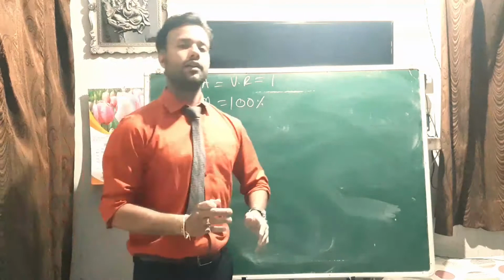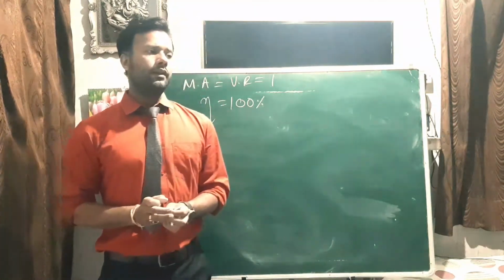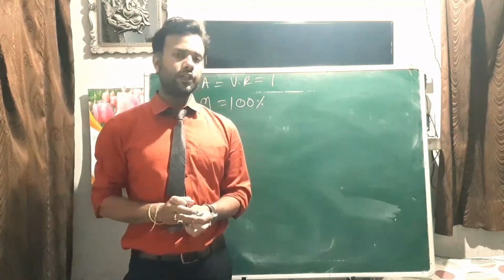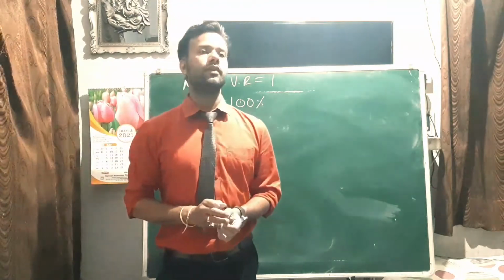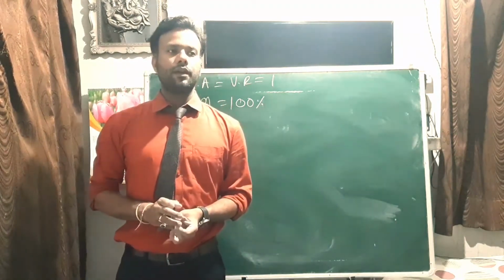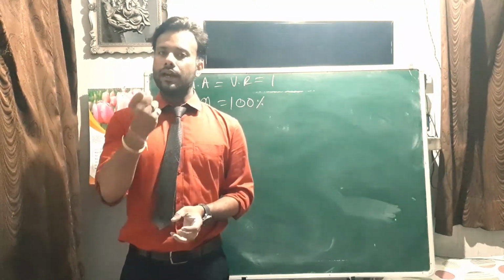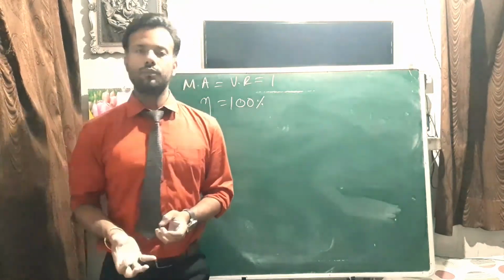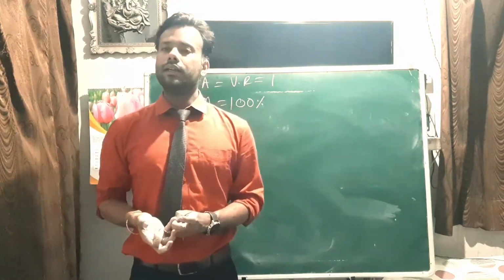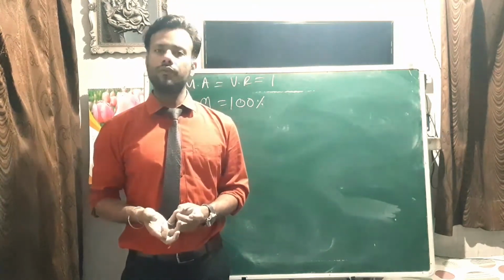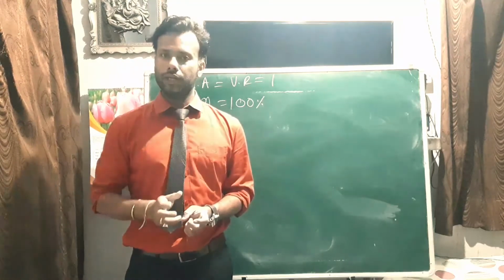This is the theoretical case. Practically, the efficiency of the fixed pulley is not 100%. Why? Because when we apply effort on the pulley to lift the load, practically some friction is always there in the pulley.